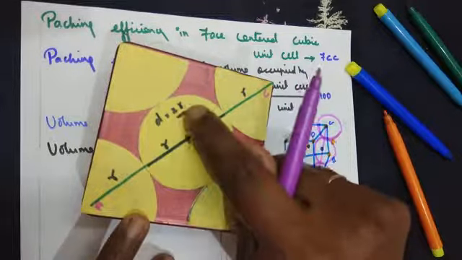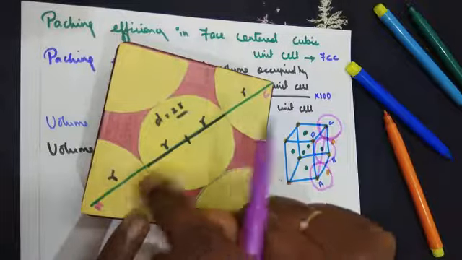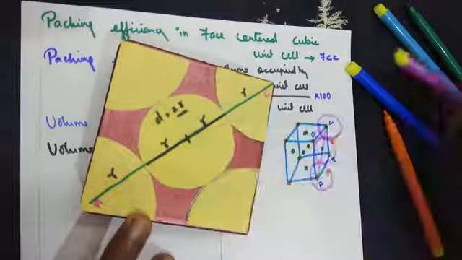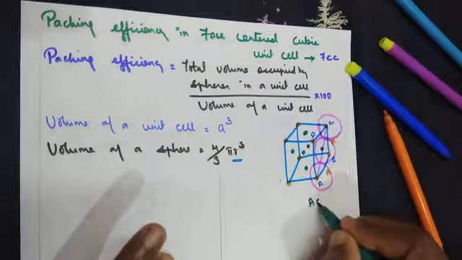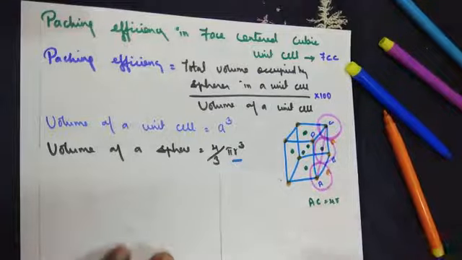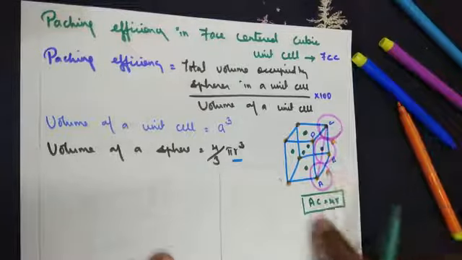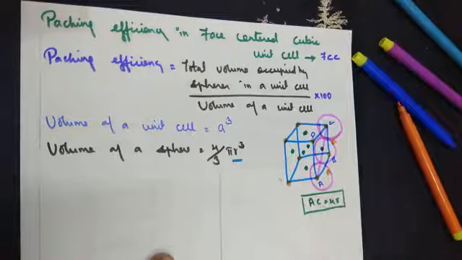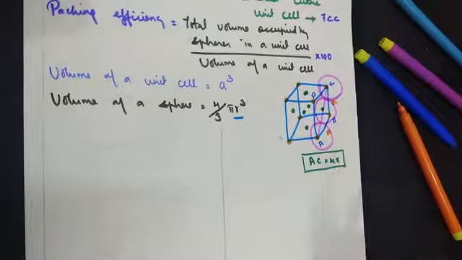Therefore d is equal to 2r. So how many radii are present here? 1, 2, 3, 4. So I can write this as AC is equal to 4r. So the diagonal is made up of 4 radii. Now we need to know exactly what's the value of r.